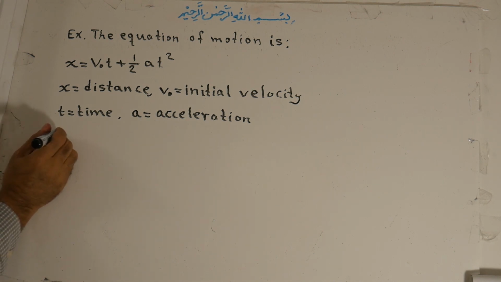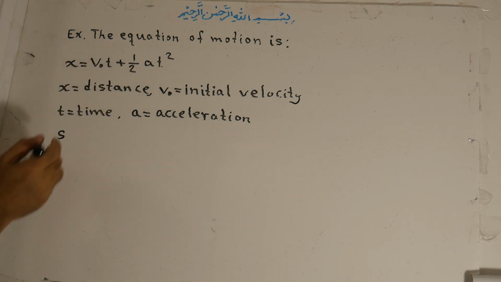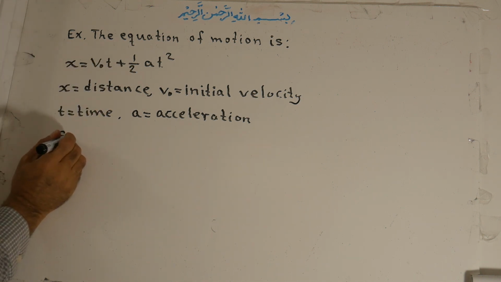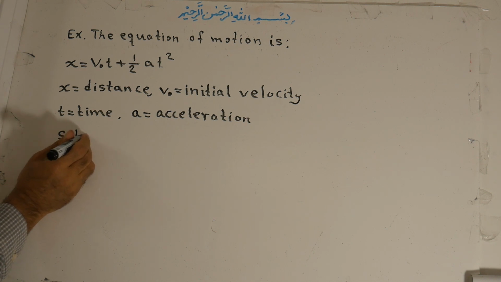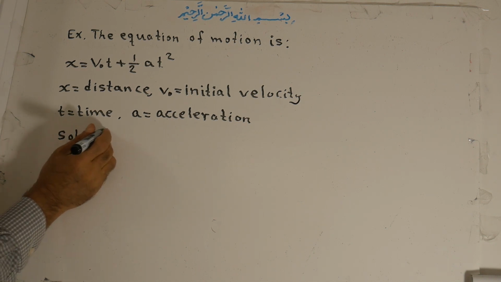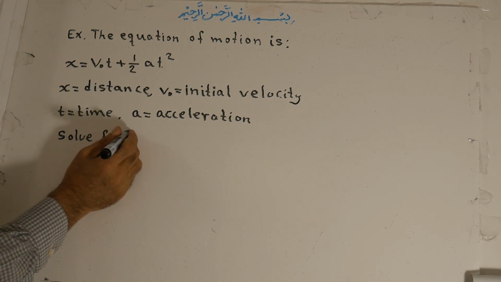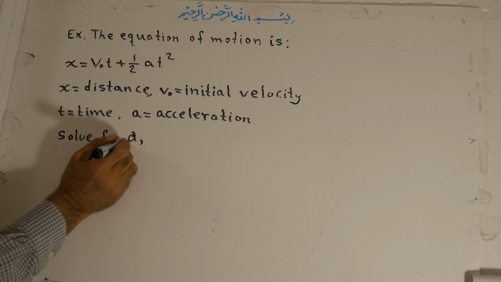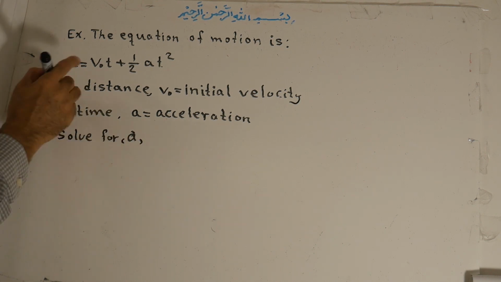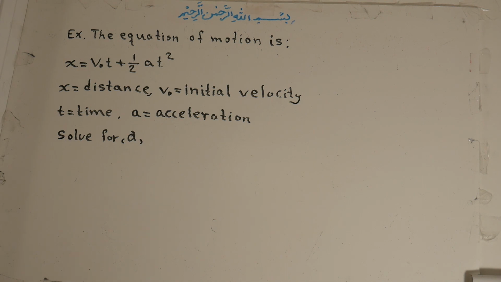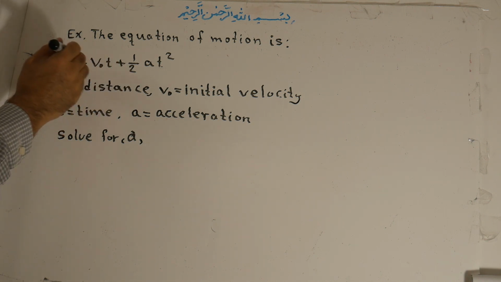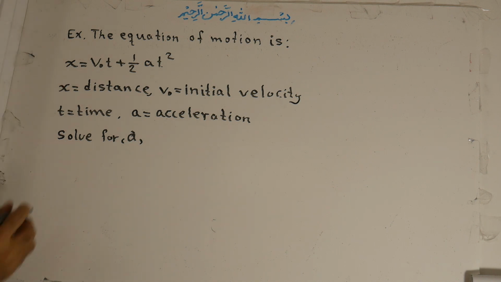Solve for A. We know that x is equal to this formula. Solve the formula for A. It means that if you have distance and also initial velocity and the time, how can you find the acceleration? Now we can bring all of the right side to the left and the left to the right.